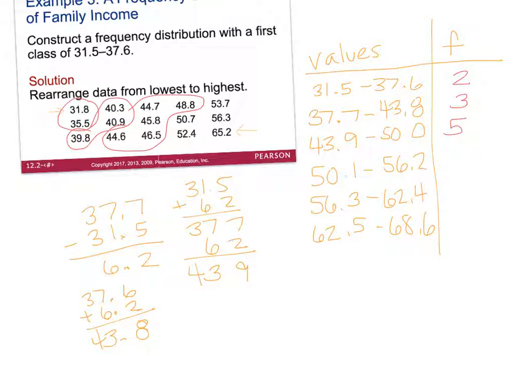Between 50.1 and 56.2, three numbers. Between 56.3 and 62.4, one. And between 62.5 and 68.6, one. And you have organized your frequency diagram.